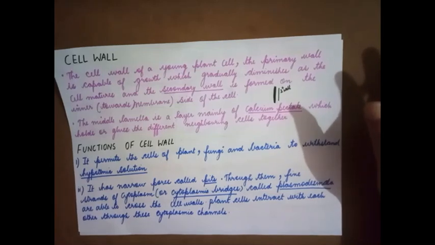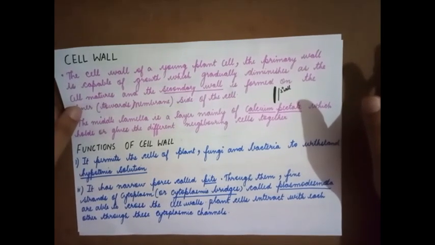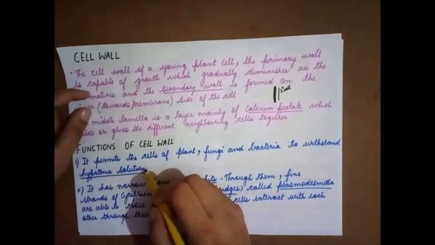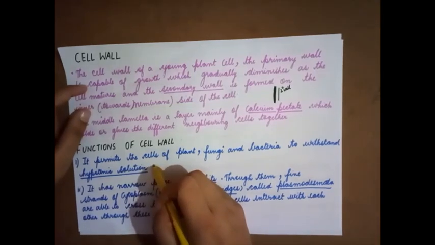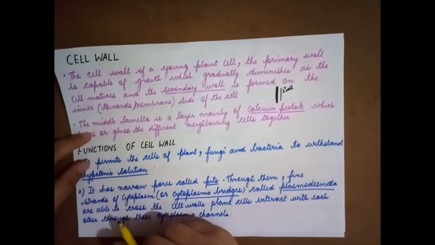And the protoplasmic contents exert a pressure on the cell wall, and the cell wall in turn exerts equal and opposite pressure so that it does not burst. Hypotonic solution is nothing but one in which the concentration of water molecules is more and the solute is less. If you have not watched my previous video, you will not understand this particular point.